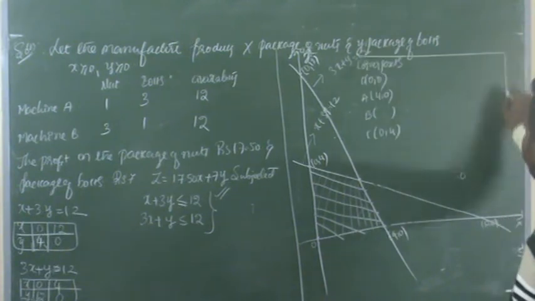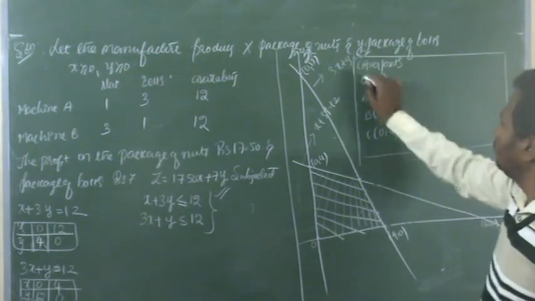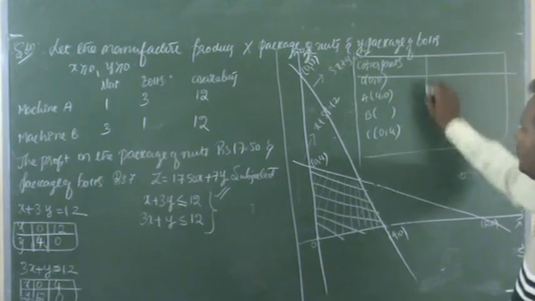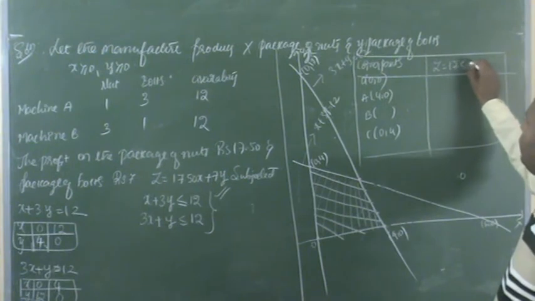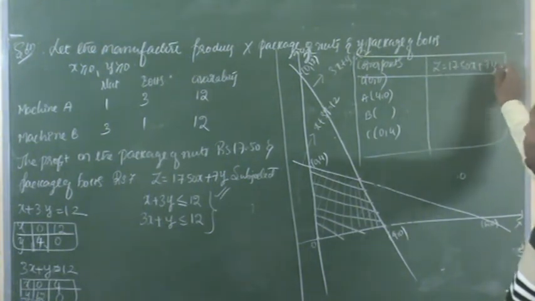The corresponding value of Z is 17.50 x plus 7y.